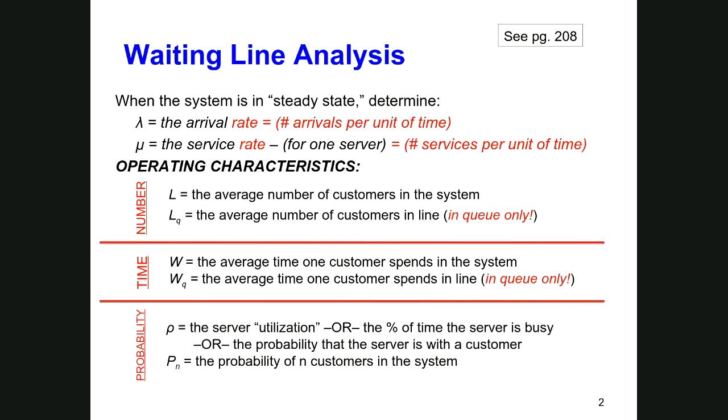There must be 15 minutes of idle time available to relieve the tension. Will this airport have to hire an extra air traffic controller? So then the question you have to ask yourself is, which one of these operating characteristics do we need to use to answer the question?